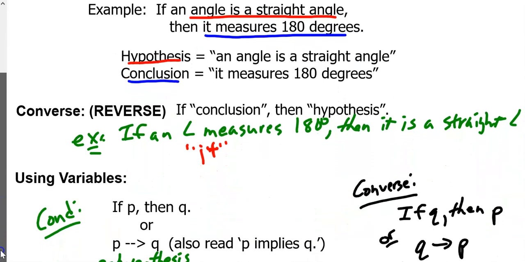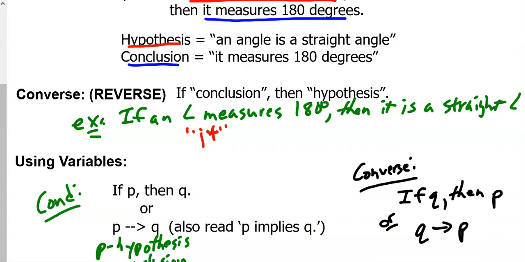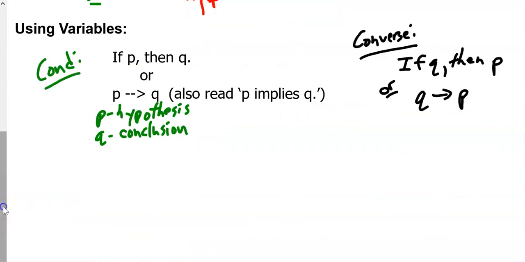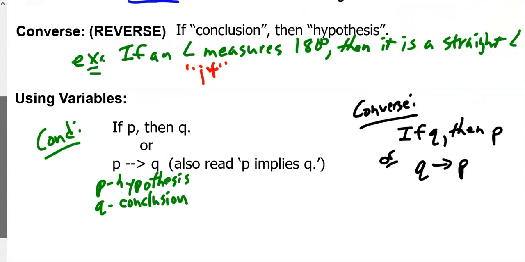Okay. So again, we can kind of use variables when we're determining and talking about this. So if we're using variables, and you'll see this a lot, and we'll use this in our chain rule and a few different things. If P then Q, or you can use this little arrow symbol here, which usually reads implies, but you could also read it as if P then Q, but it does really simply mean P implies Q. P again is the if portion of it, so that's going to be your hypothesis, and then Q is going to be the then portion of it, so that would be your conclusion.